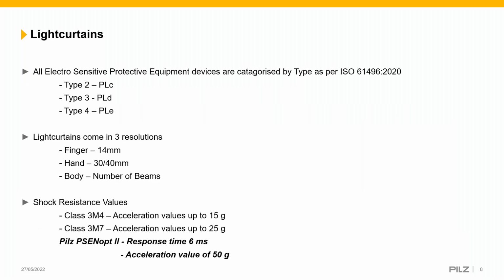So as we said, these devices are all covered by the standard 61496, and in 61496 it talks about the type, and they're all categorized by type. The previous version 2013 made a change to the performance level achieved by the type.